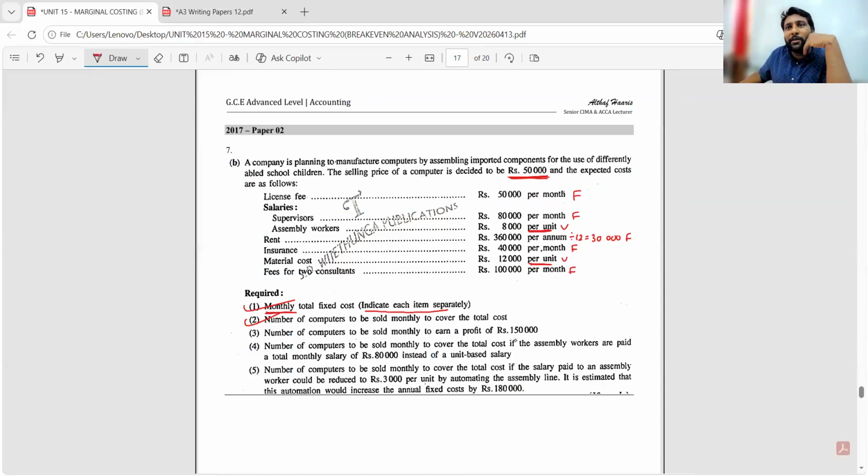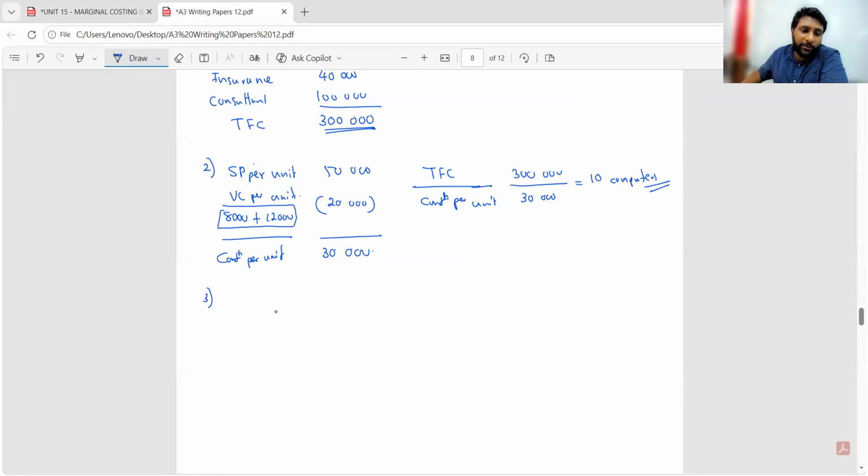Very practical. So we'll write the formula and do total fixed cost plus target profit divided by the contribution per unit. 300,000 plus 150,000 divided by 30,000. That means 450,000 divided by 30,000.